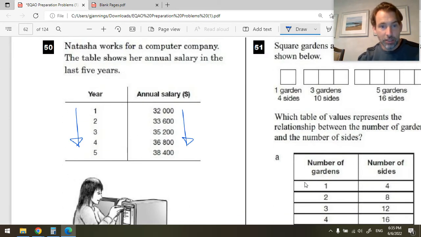Okay, so let's see. It's growing by $1,600 each year. Fantastic. So I need to add 3 times 1,600 to this number to find year 8. Why? Because this would be going up by 3, and so this would go up by 1,600 three times.